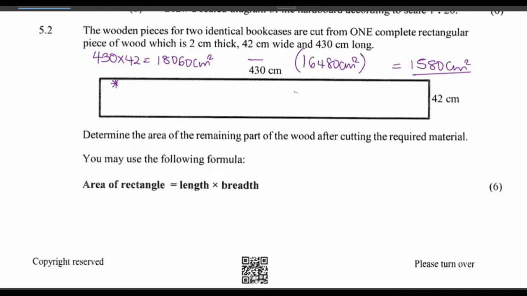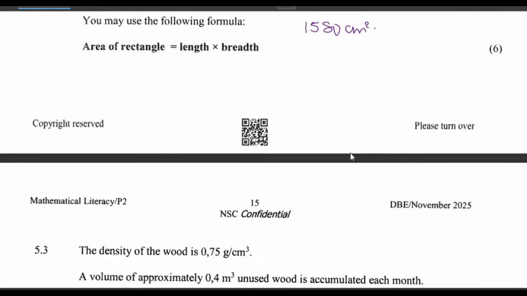We are looking to determine the area of the remaining part of the wood after cutting the required material. So I believe this is the area that we have now. Area that we need, that is it.